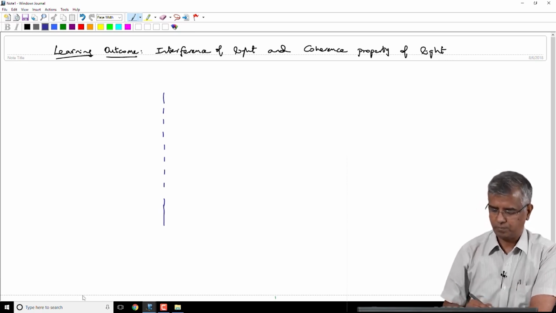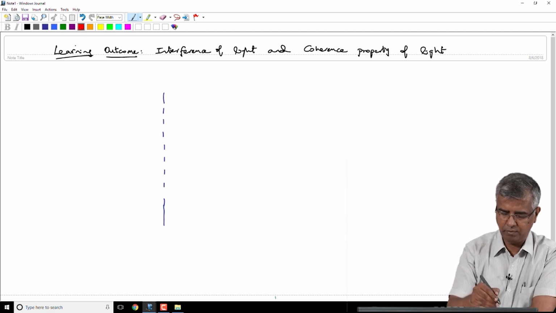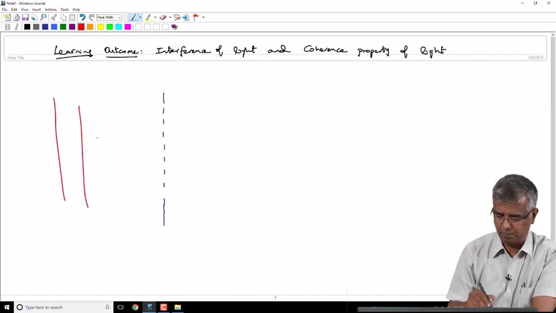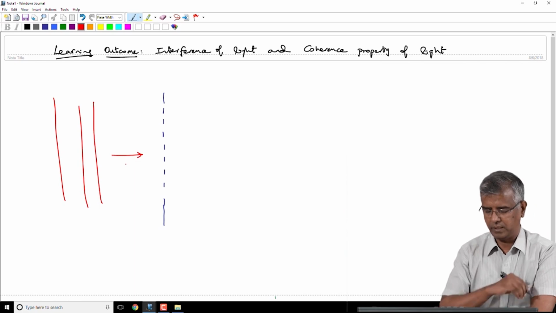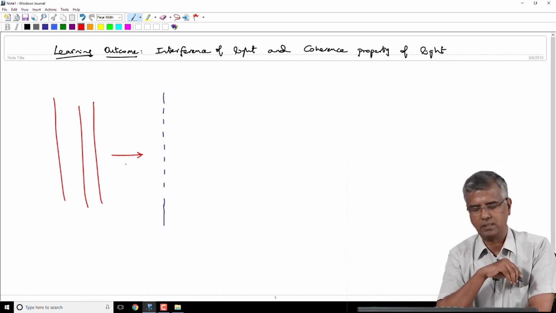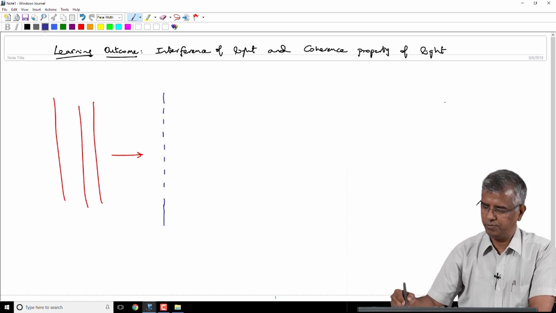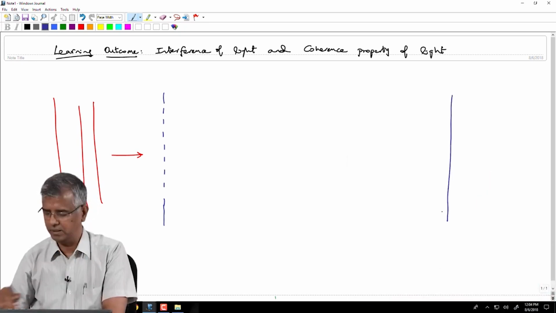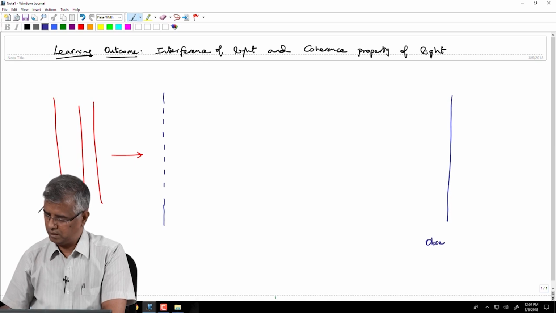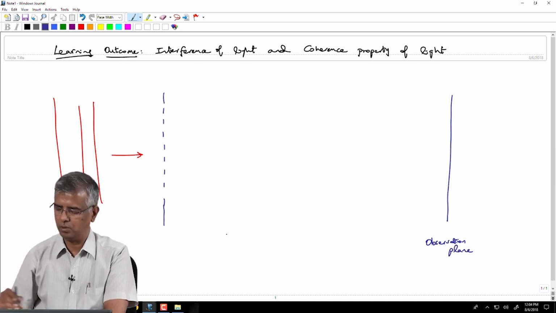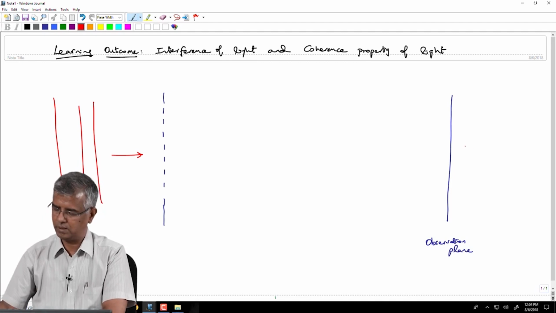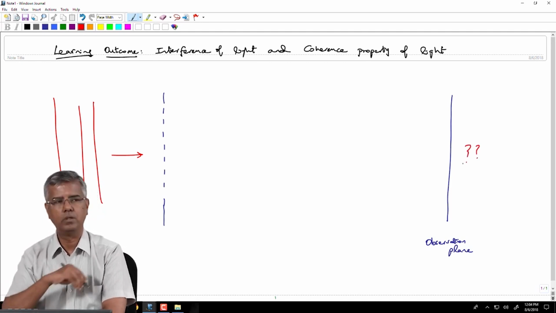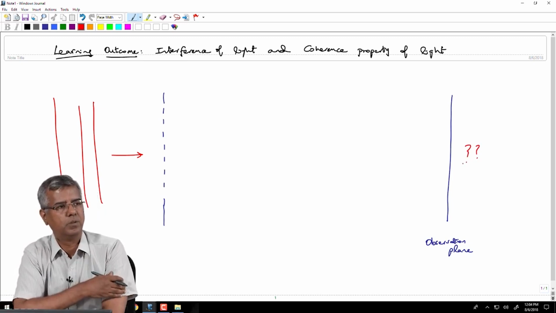And once again we have let's say a plane wave that's incident on these slits, and we are interested in figuring out what we see if you observe it in the far field. So this is the observation plane. We want to know how this light beam is going to look when we observe it over here.